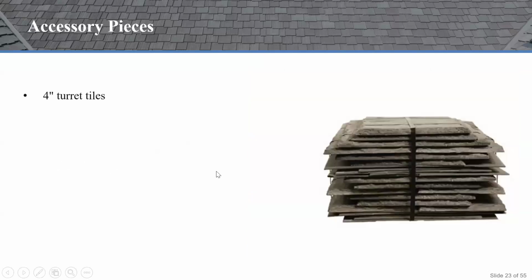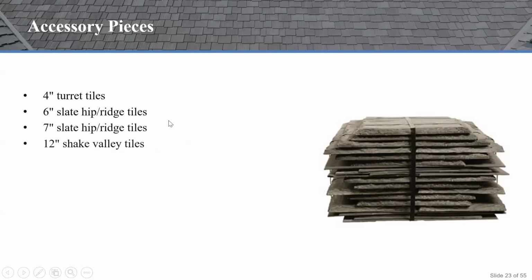There's a lot of accessories that are available for composites. We get asked questions about accessories a lot. The nice thing is it's pretty simple. So we have 4-inch turret tiles for turret applications. Not a real common accessory, but they're available. 6-inch hip and ridge tile. They're utilized for your hip and ridge, on your projects. 7-inch slate hip and ridge tiles. 12-inch shake valley tiles, one-piece hip and ridge systems.